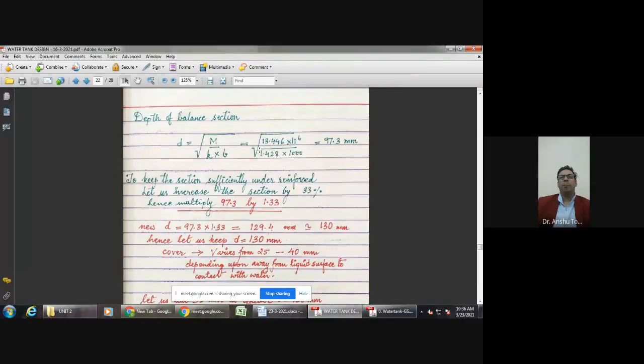So this is how, by putting this particular coefficient, you can get the depth of the balanced section.